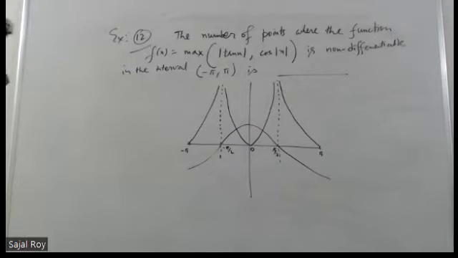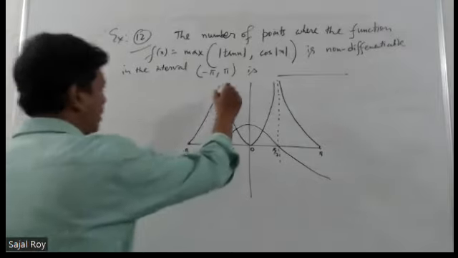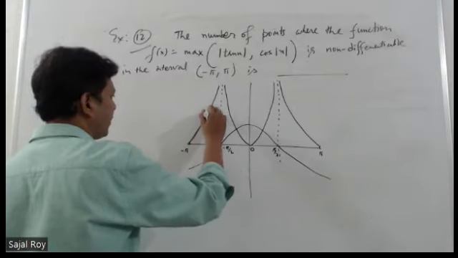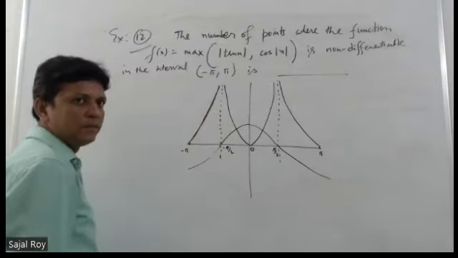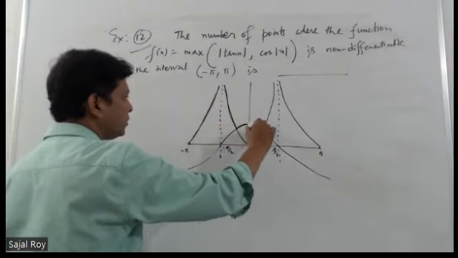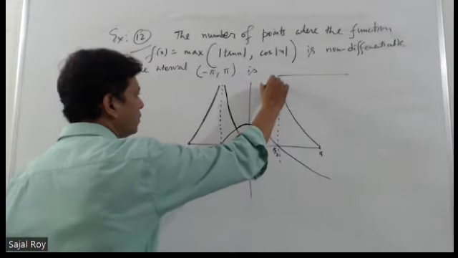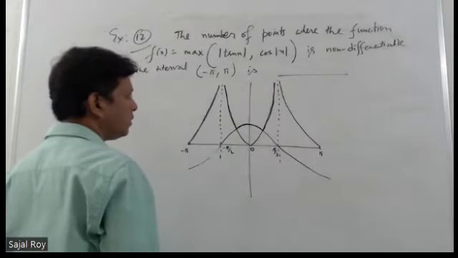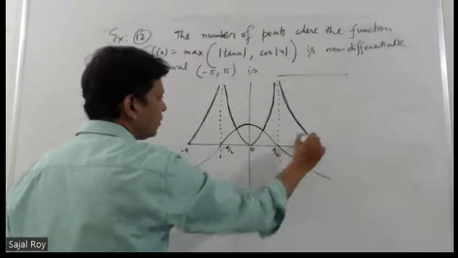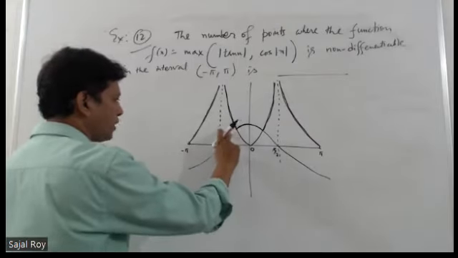So what is the maximum part? Maximum part will be this part. I am retracing the path. This path and this path. These should be dotted.